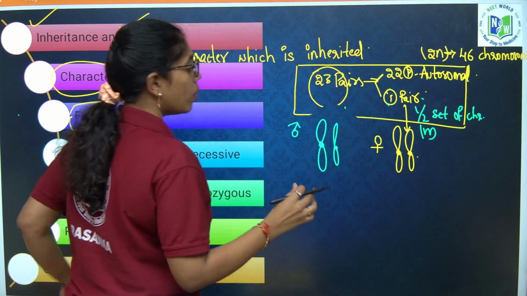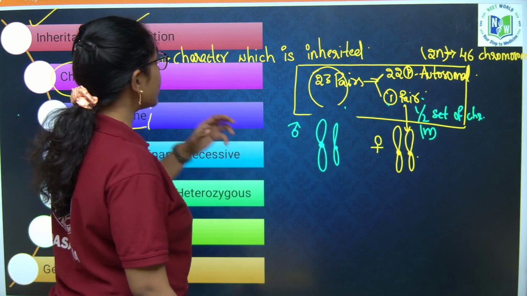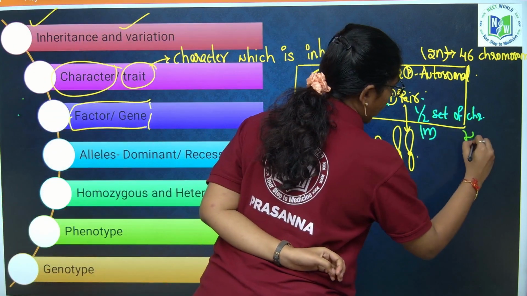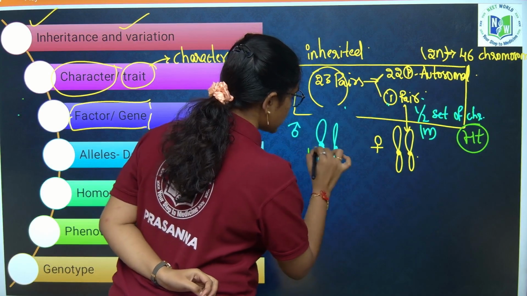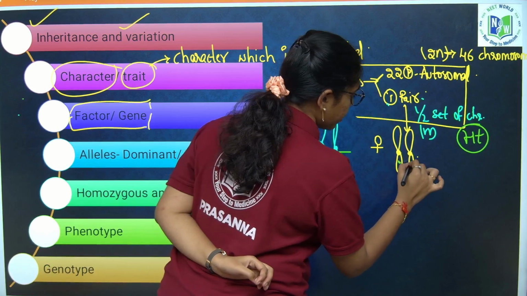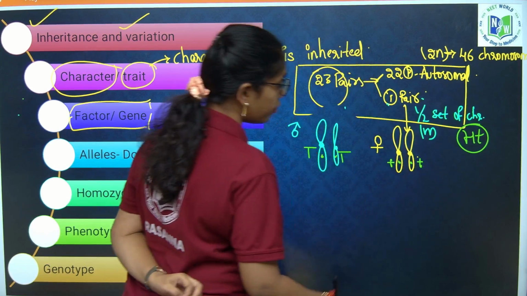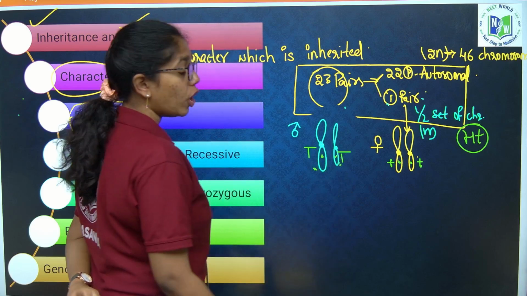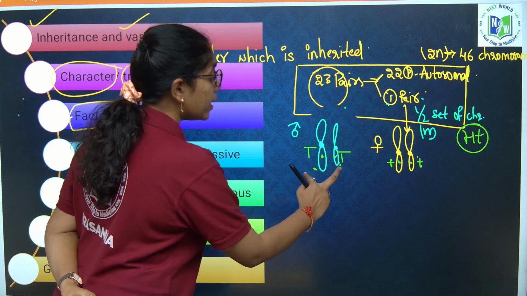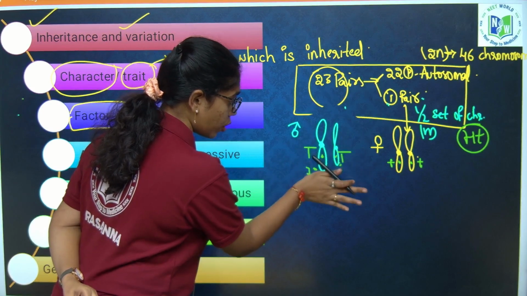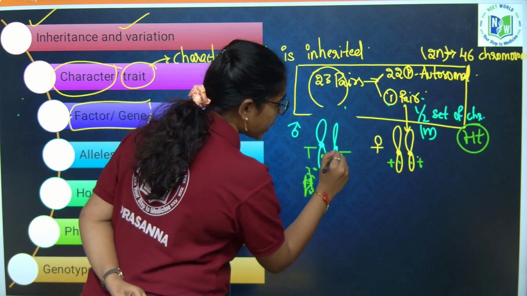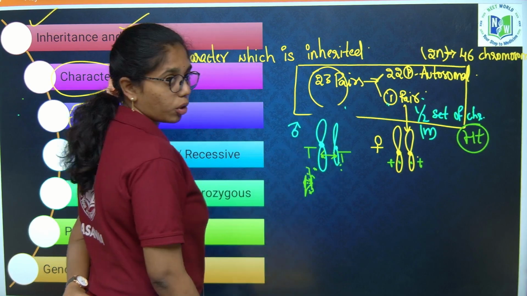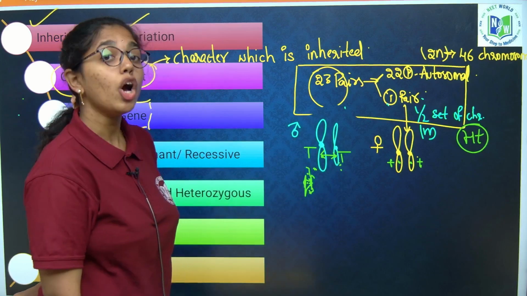When it is coding for multiple characters, let us assume only one character, let it be height. Male parent is homozygous tall, female parent is homozygous dwarf. These two are said to be homologous chromosomes, as they are coding for contrasting traits and are located at the same loci. Two alleles located at the same loci of two different chromosomes make these two chromosomes homologous.